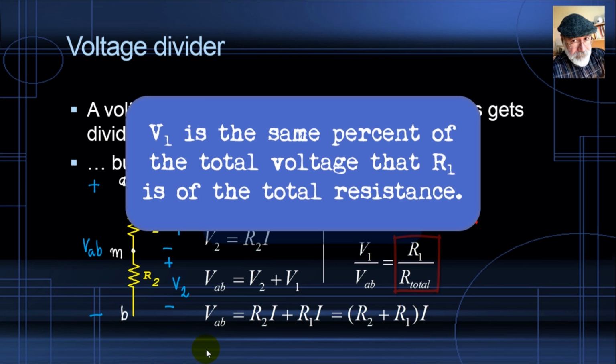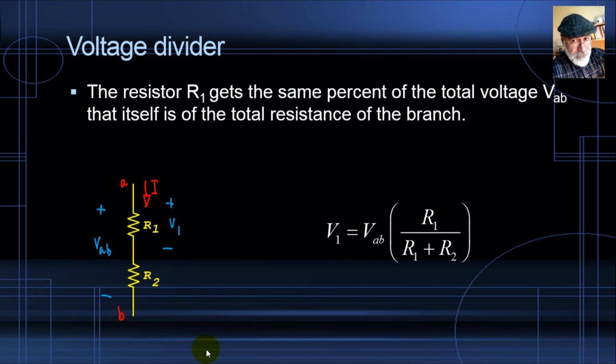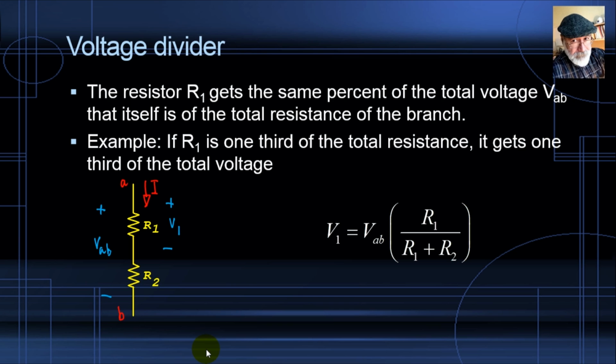Same percent. V1 is the same percent of the total voltage that R1 is of the total resistance. So if R1 is, let's say, 25% of the total resistance, then its voltage V1 is going to be 25% of the total voltage VAB. The resistor, I repeat, R1 gets the same percentage of the total voltage VAB that itself is of the total resistance of the branch.